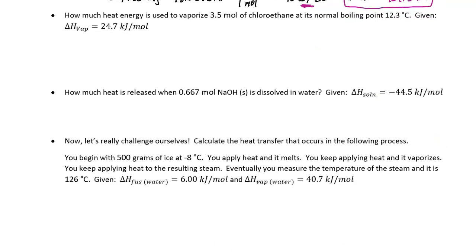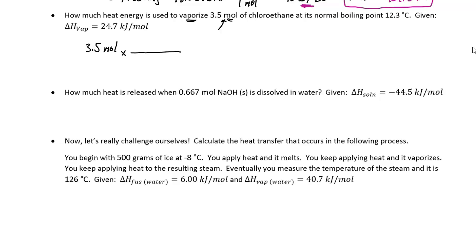Moving to the next question. How much heat energy is used to vaporize 3.5 moles of chloroethane at its normal boiling point, 12.3 degrees Celsius, given the delta H vaporization value for chloroethane? This time, we are given our quantity with moles. That saves us that entire step of having to turn grams into moles. So write down the given amount of the substance chloroethane. Multiply by the conversion factor.